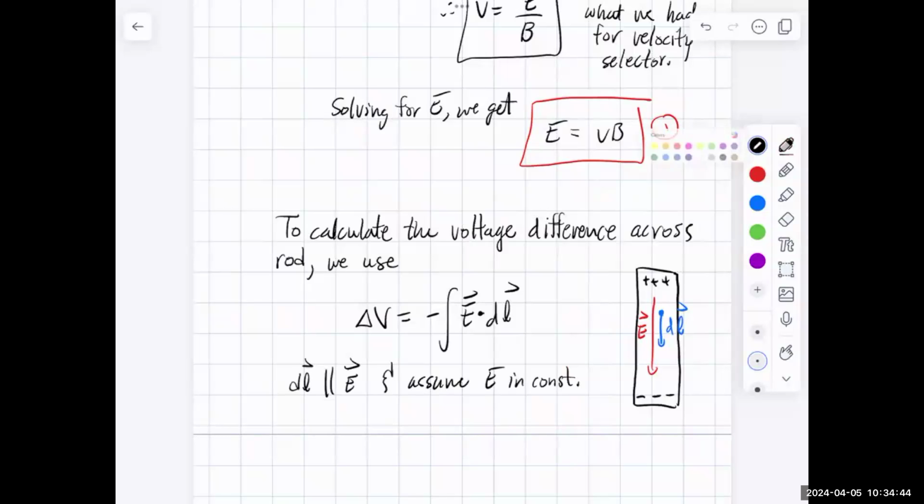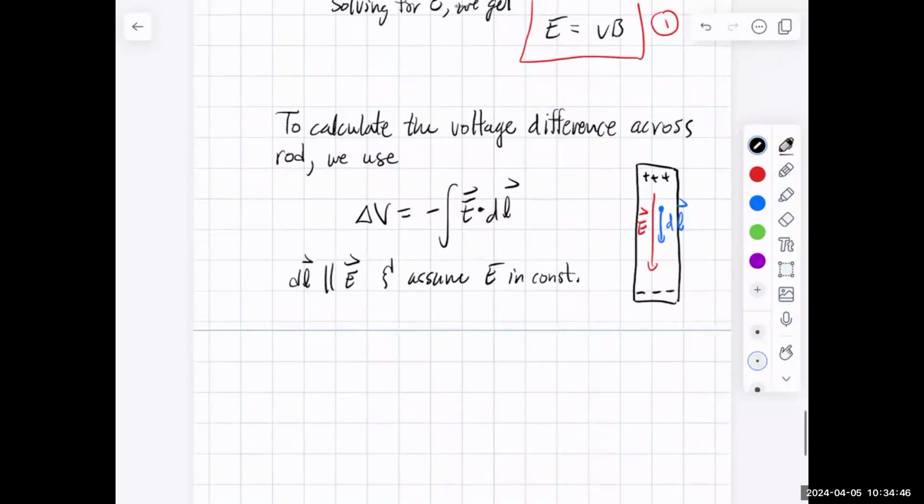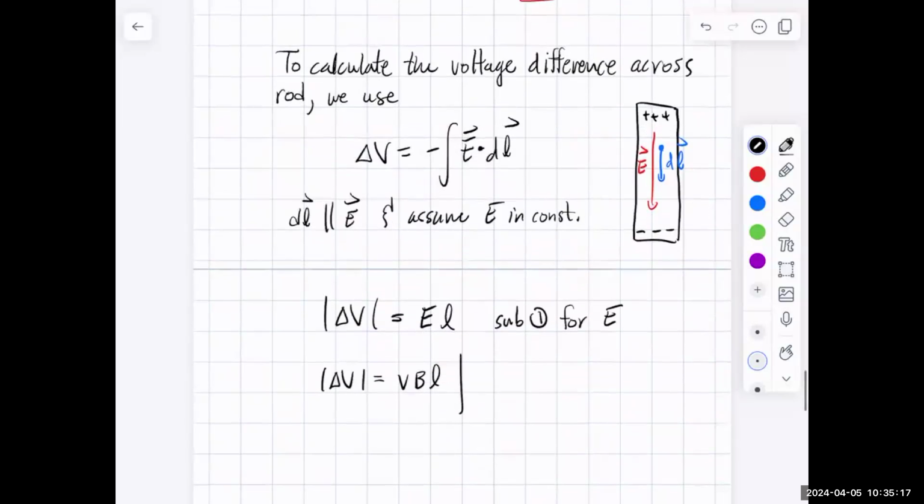And if we do that, the magnitude of the voltage difference is just going to be E times L. And then we sub in equation 1. So we sub 1 for E. And we end up with the voltage difference across our rod is VB, which is the electric field, times L. And this is the motional EMF.